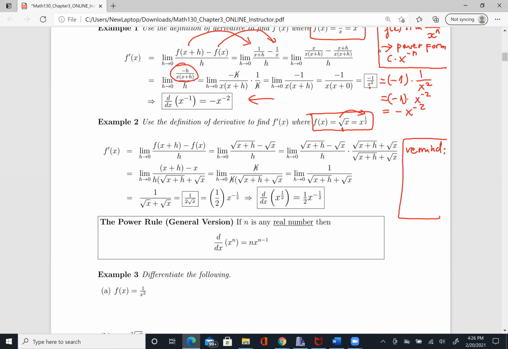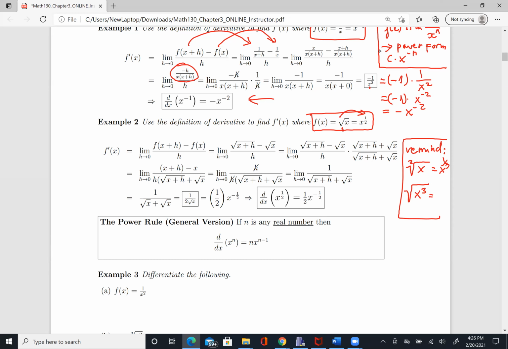Say the cube root of x is x to the power 1/3. What does that mean? The index of the radical becomes the denominator of the exponent. What about the square root of x to the power 3?